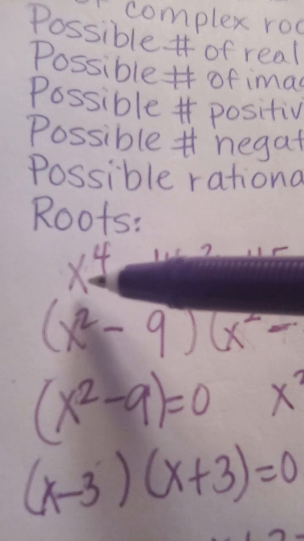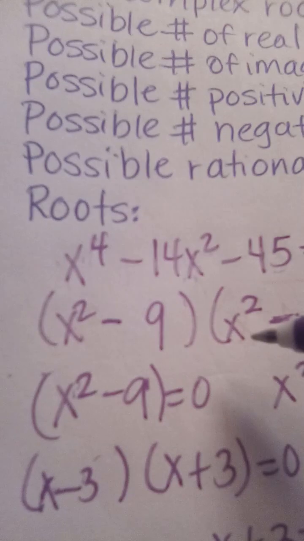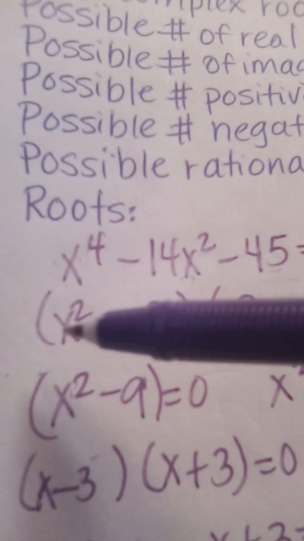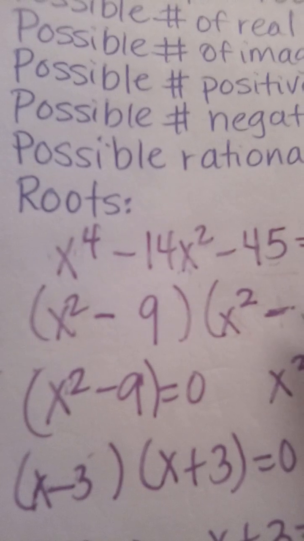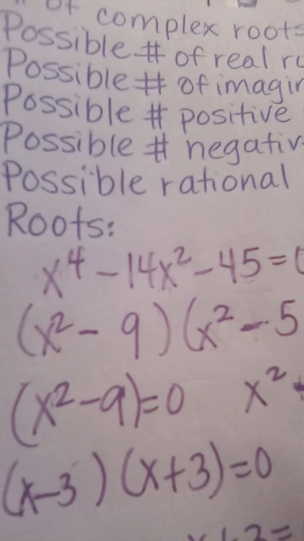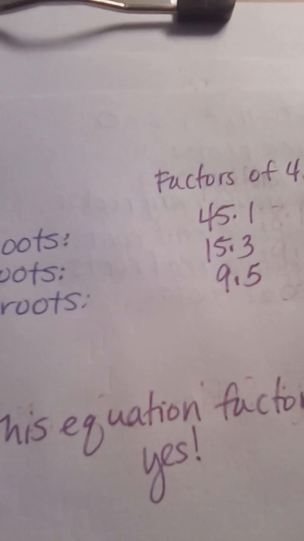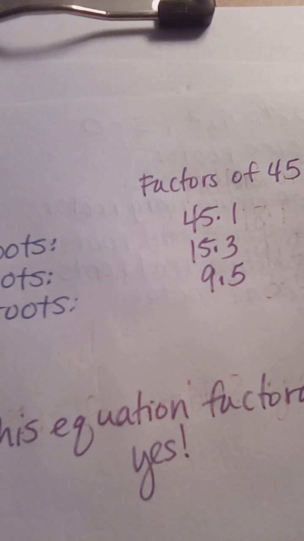What are the factors of x to the 4th? X squared times x squared gives x to the 4th. And we look at the very last term, 45. What are the factors of 45? We have 45 times 1, 15 times 3, 9 times 5.